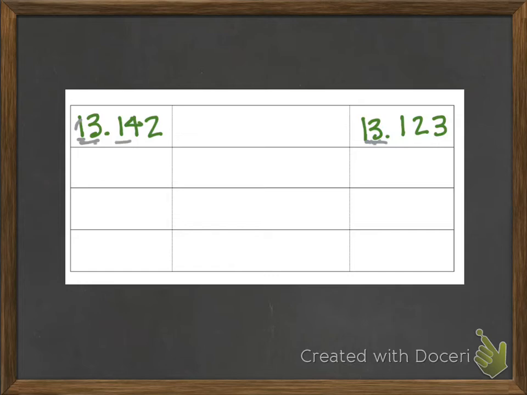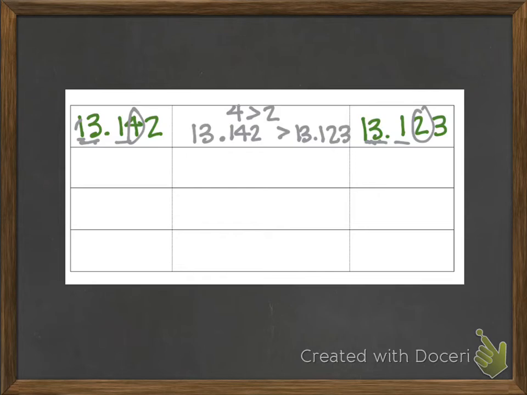So then I would be comparing the next number, which is a 4 and a 2. We know that 4 is greater than 2. Therefore, 13.142 is greater than 13.123.